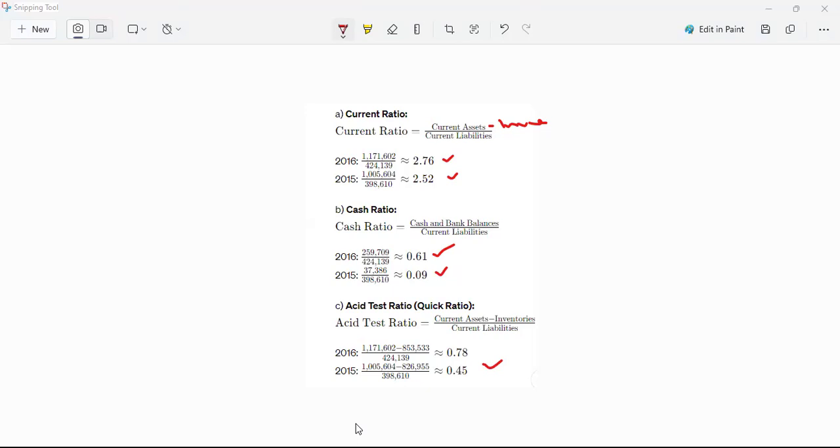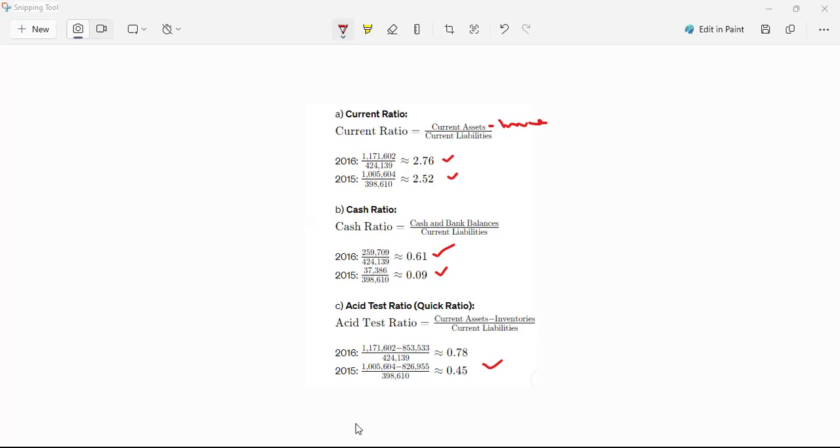This is a substantial improvement, which suggests that the company has a higher proportion of liquid cash to cover its short-term obligations. Ideally, the benchmark is that the cash ratio should be above 0.2. So we have a generally satisfactory story: the company has sufficient cash to cover the obligation. Candor Limited has increased in that capacity in 2016.